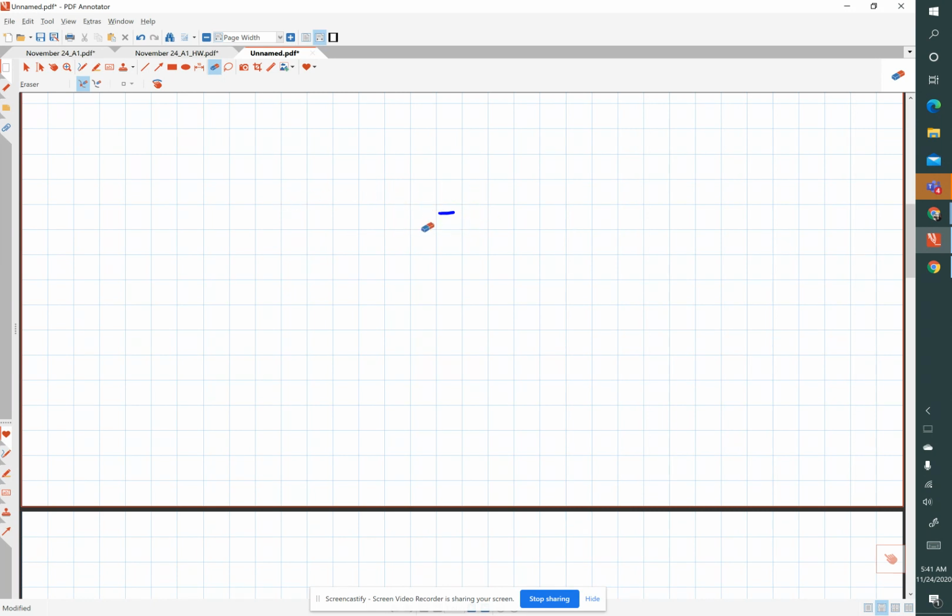Now, can you remember it all by heart? a sub n equals d times the quantity of n minus 1 plus a sub 1. Now, can you write it on your own? a sub n equals d times the quantity of n minus 1 plus a sub 1.